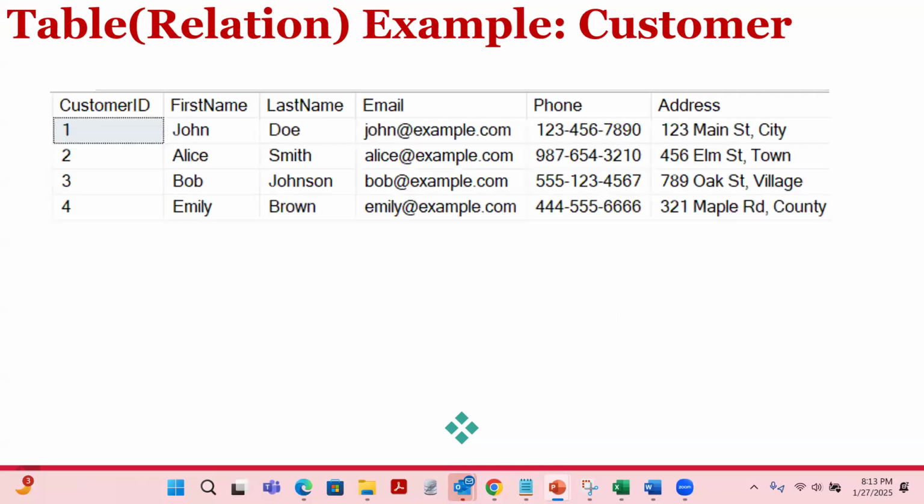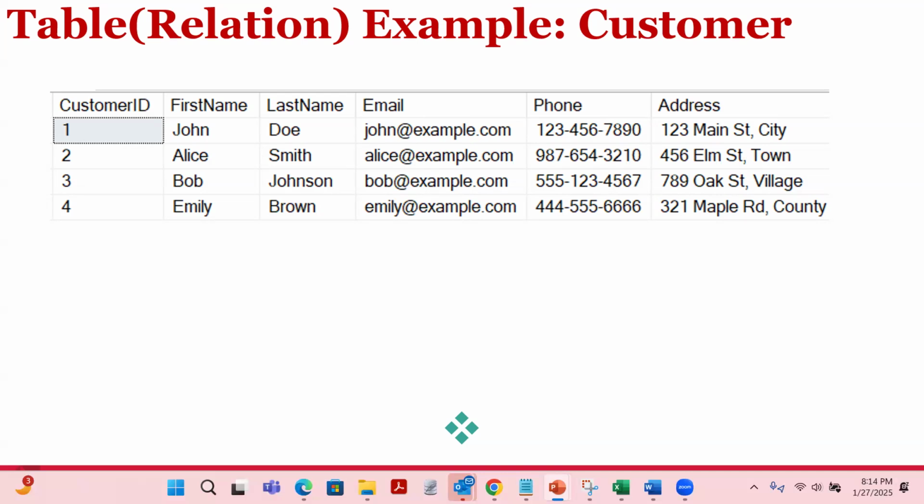Now, here is an example of a table or relation. Let's look at that in more detail. So we have a customer table here. The customer table stores information on four customers. So it has four rows or four tuples. It also has six columns or six attributes. Okay, so attributes would be customer ID, first name, last name, email, phone number, and address.